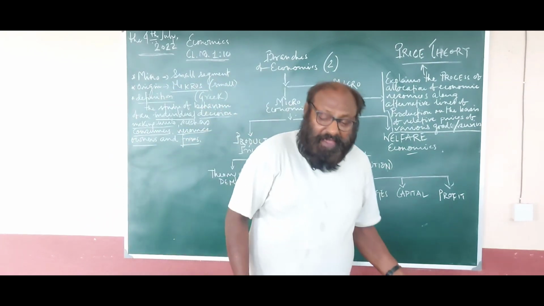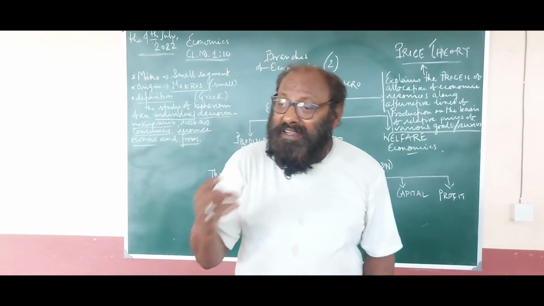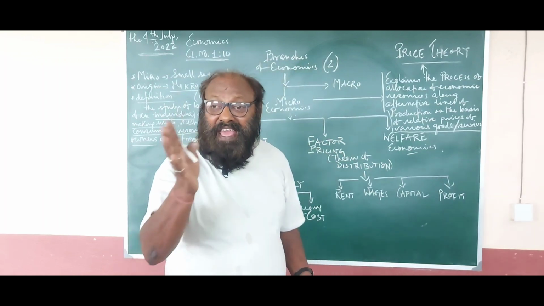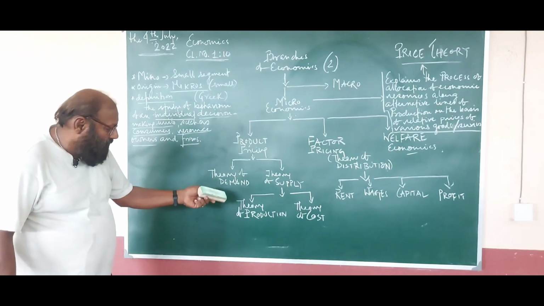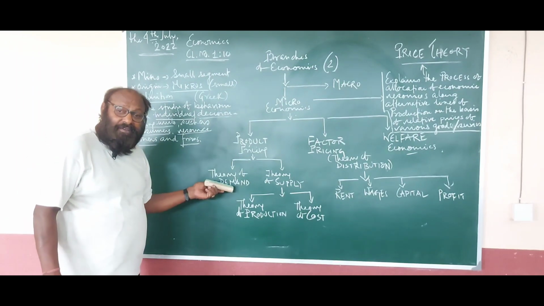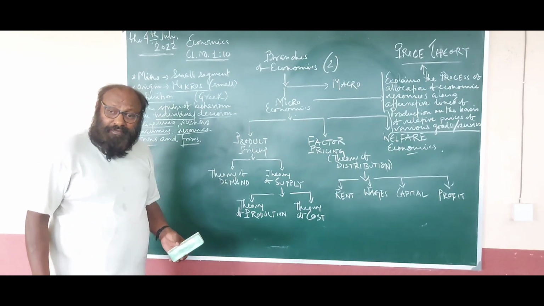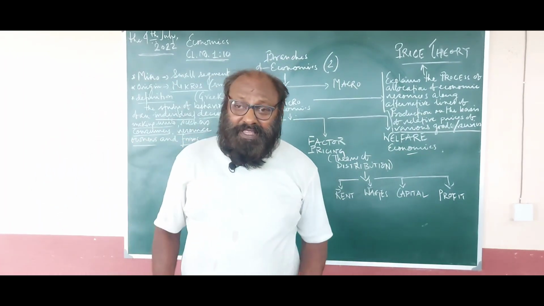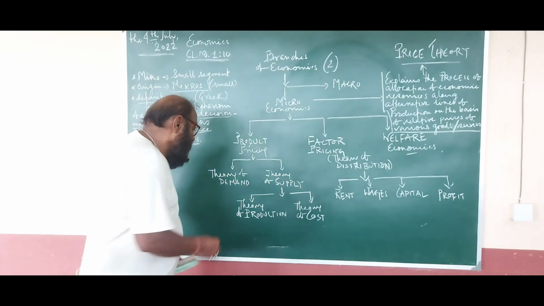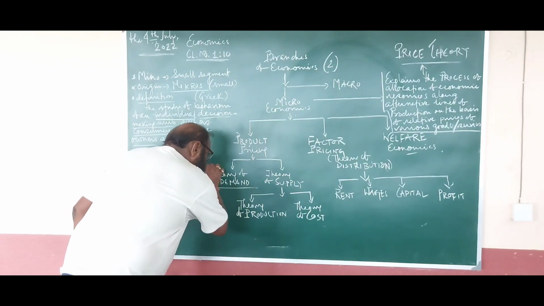This microeconomics is segregated under different heads, different areas. Number 1, for demand, there is a theory. A good number of related theories are there, and all are coined under the head theory of demand.